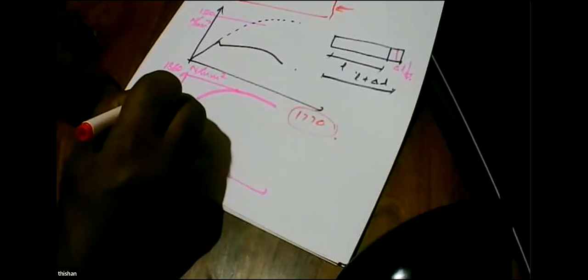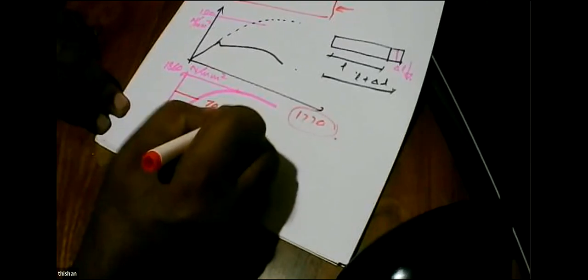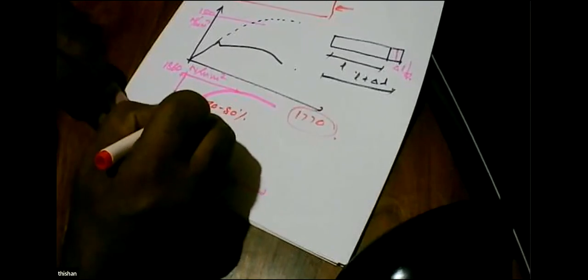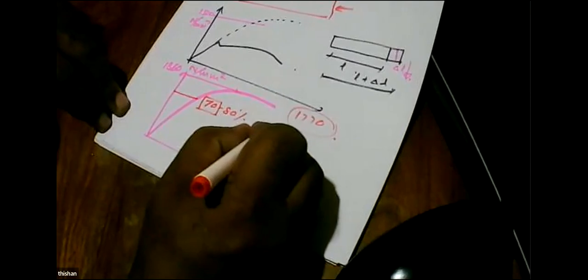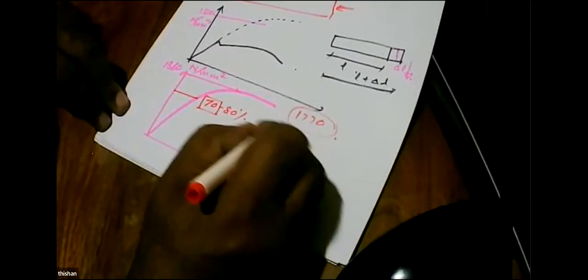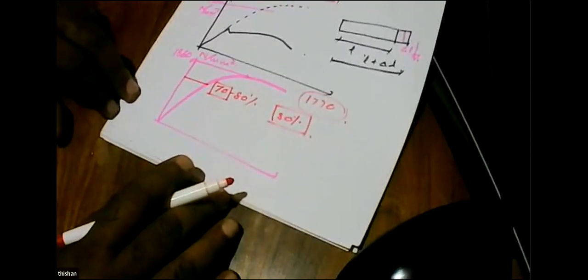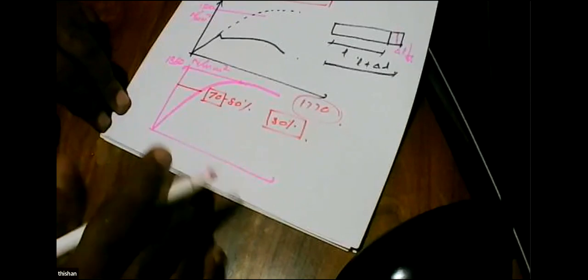So because of that reason, we can go for about 70 to 80% of this breaking load, and at 70% you can be very comfortable, but at 80% you need special precautions, because the chances of the cable breaking when you are stressing is high.